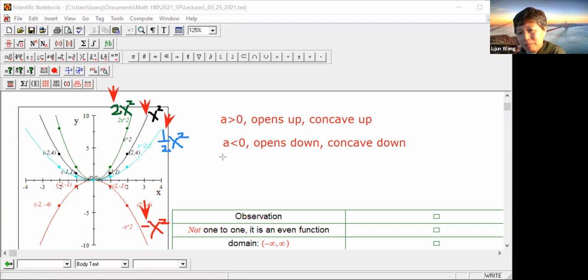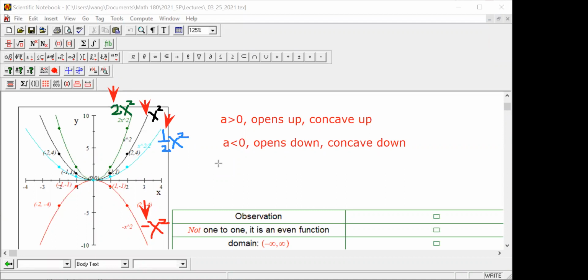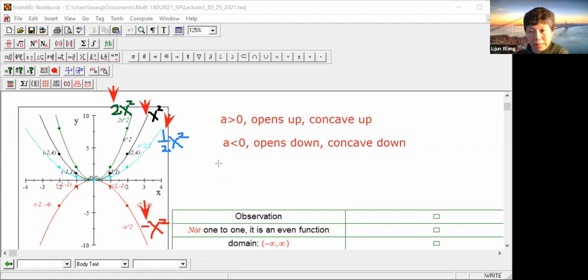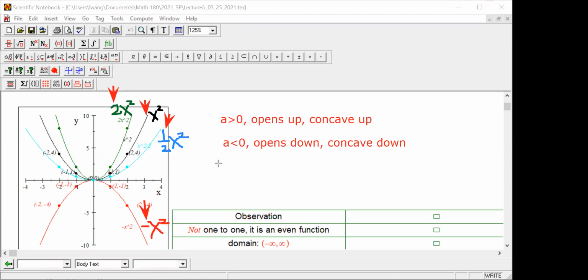Where would it be? Can you imagine negative half x squared? Where would it be? They will flip over, right? Yeah. We're not going to do it, but now you can imagine that, right? Okay, very good. So now we've done all of these.